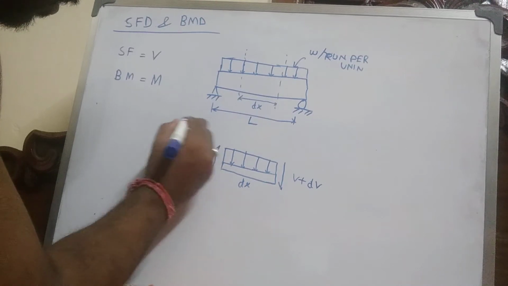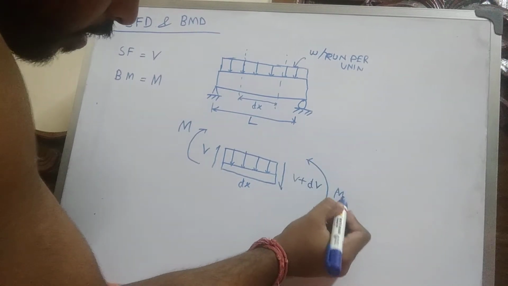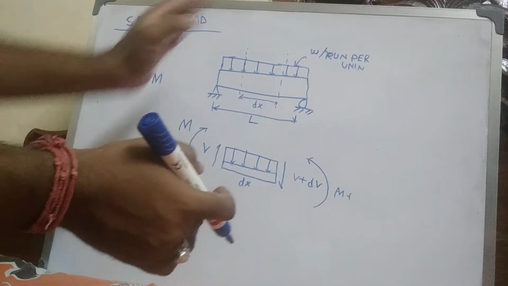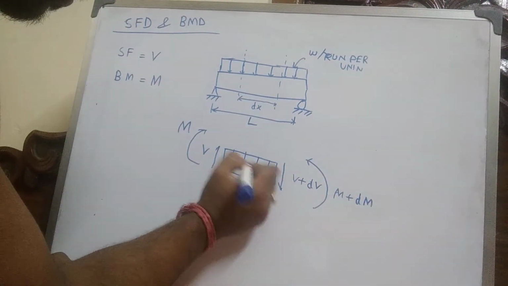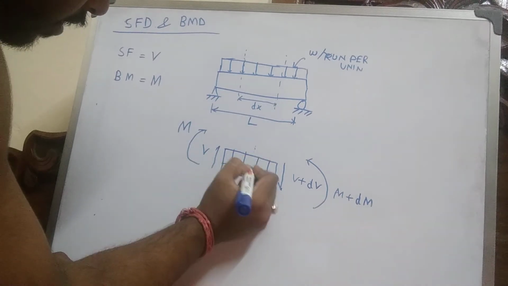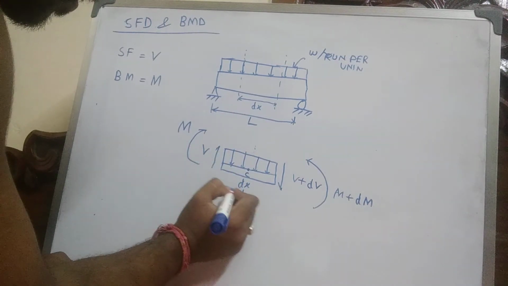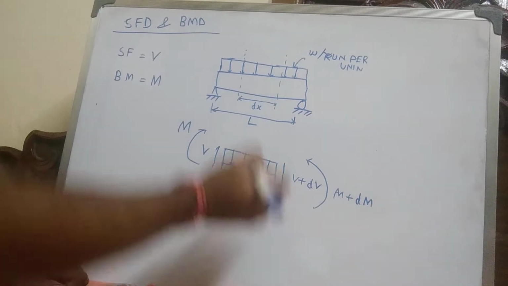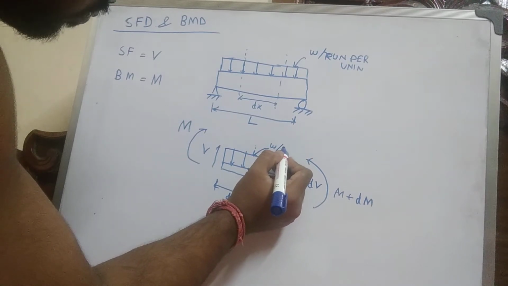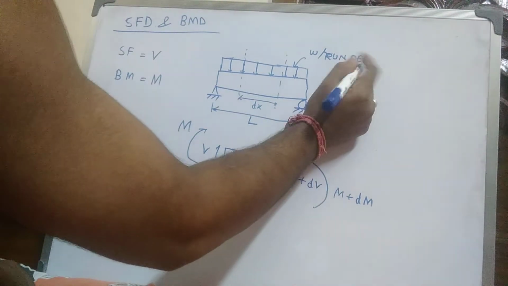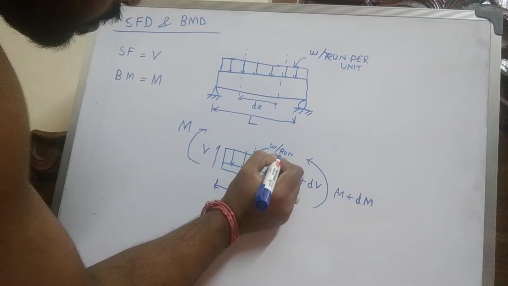The moments are M on this side and M plus dM on the other side, clockwise and anti-clockwise. The centroid C of the element is at dx by 2 from the left side. This is w per unit length.